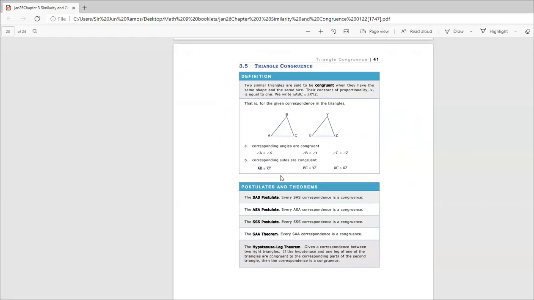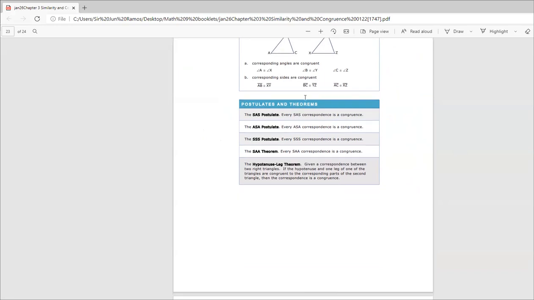These are the postulates that will allow us to prove that two triangles are congruent. The SAS correspondence is a congruence, which means if two sides and the included angle, SAS, are congruent.